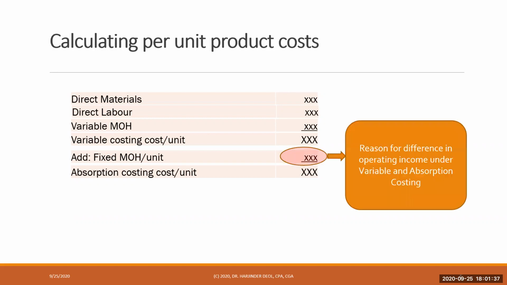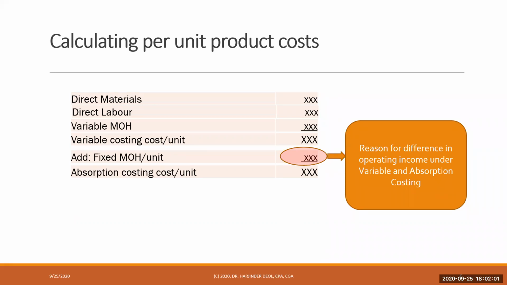So essentially, the reason for there being a difference between the two methods is the treatment of fixed manufacturing overhead costs. Variable costing does not include the fixed manufacturing overhead costs as part of the product costs.